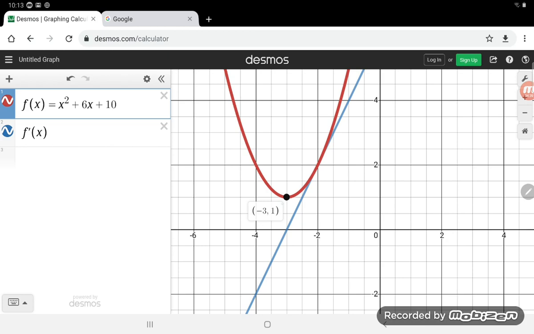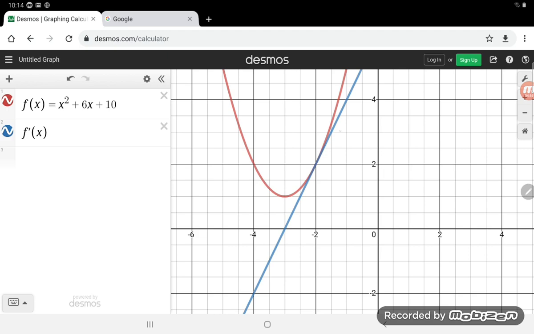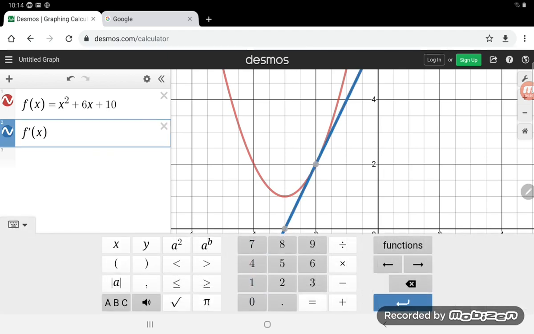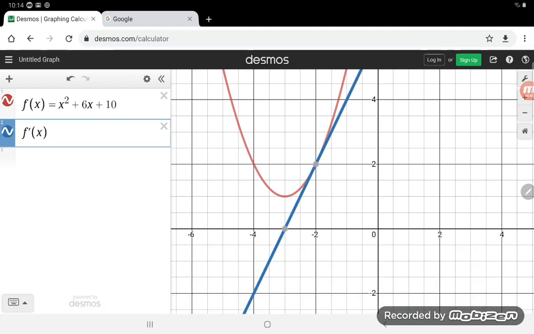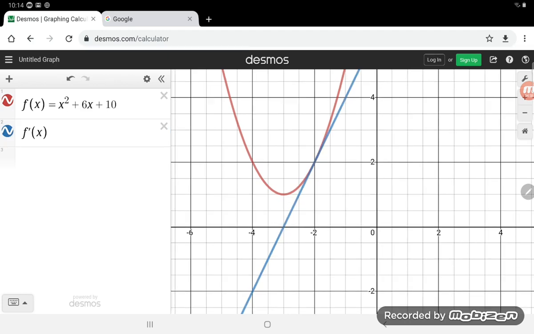And it is indeed a relative minimum. And as we look, I plotted the derivative as well here. That's the blue line, and what we see is that, again, right there, the derivative had a value of 0.